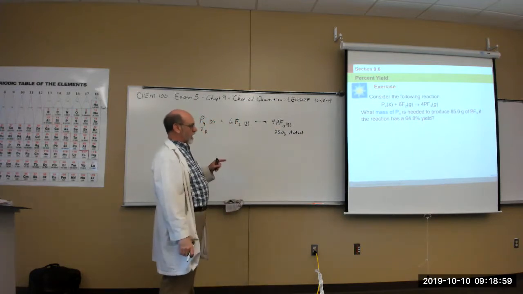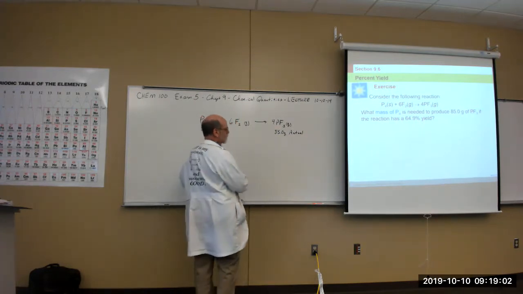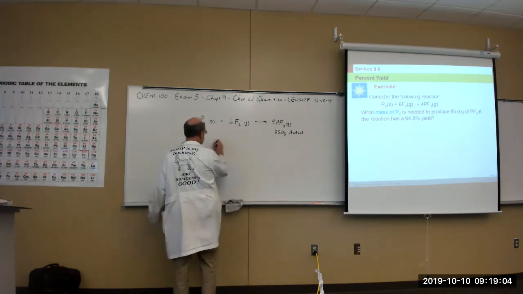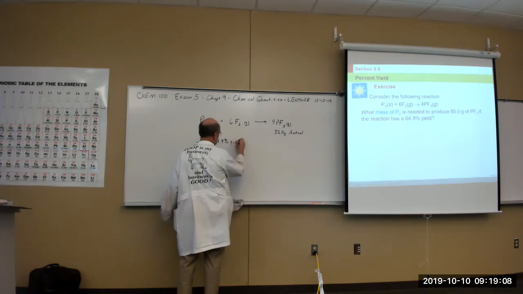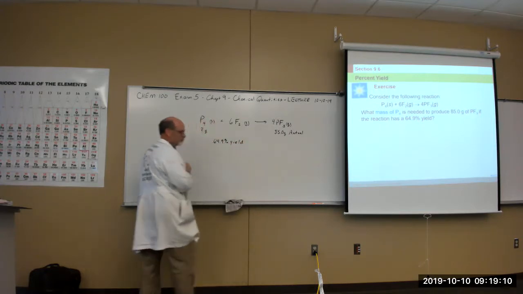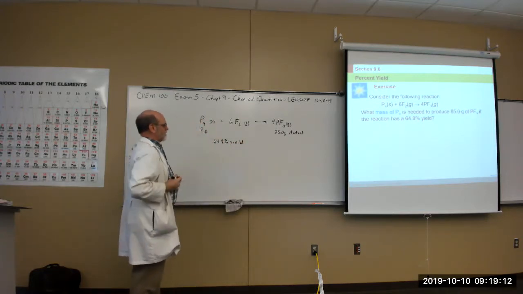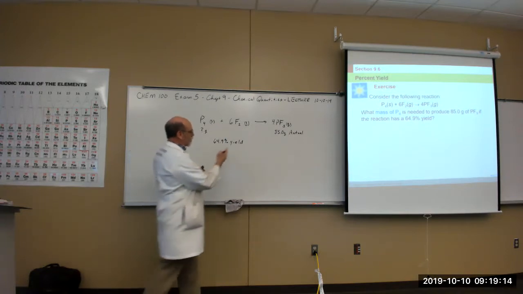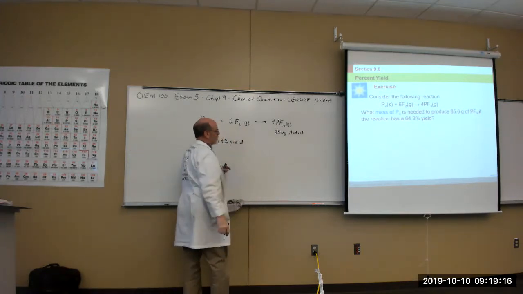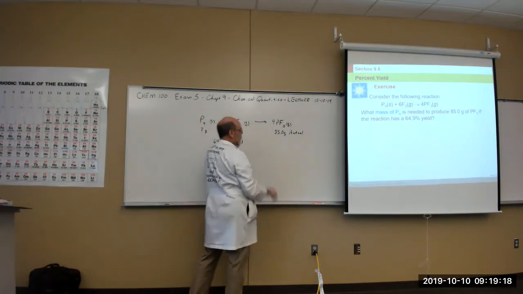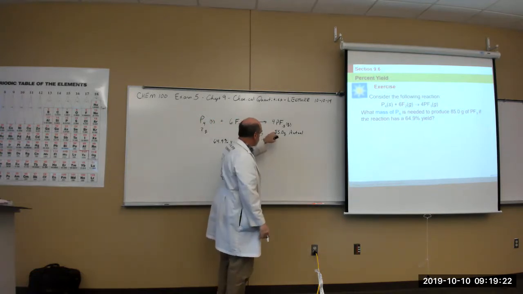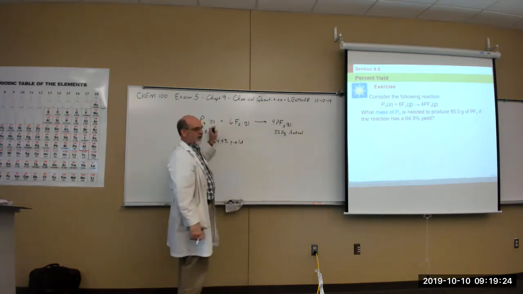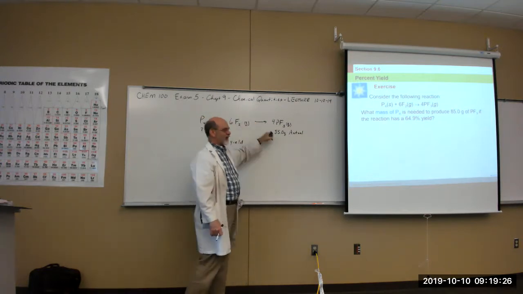But we know beforehand that the reaction is 64.9% efficient. Okay? So if we're going to work backwards from there to here, we can't do that unless we know what the theoretical is. Because the theoretical says you need to have more of this than you expect to get that with this efficiency.